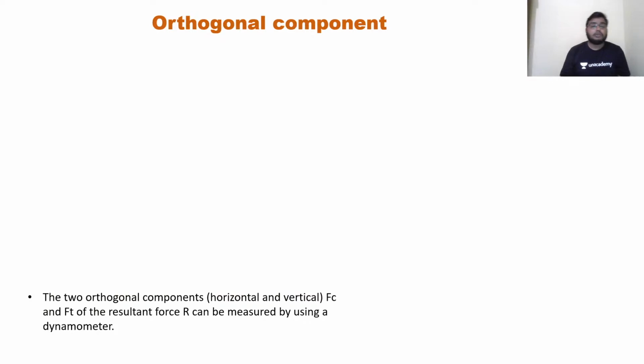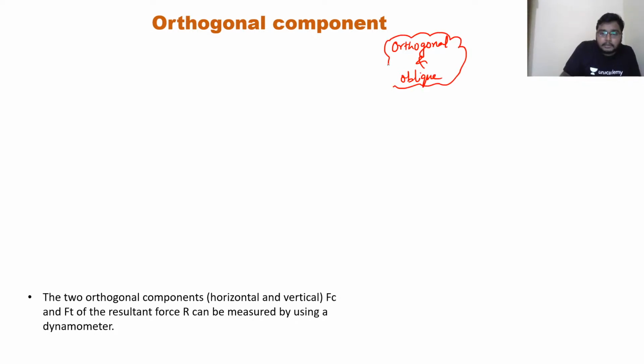Next, orthogonal component. Sir, actually what you are doing, suppose when you are machining, you are giving the forces, orthogonal forces. In the earlier classes I have told you there is a difference between orthogonal and oblique machining.